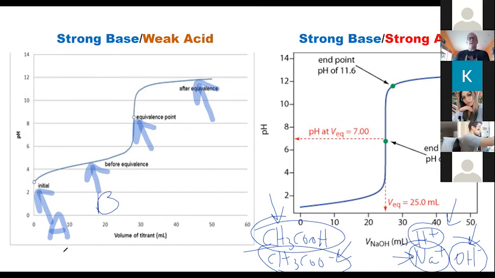What do we know about the concentration of H plus and acetate ion halfway through the titration? That means half of the acids and bases are neutralized. Right. It means you've neutralized exactly half of the acid.